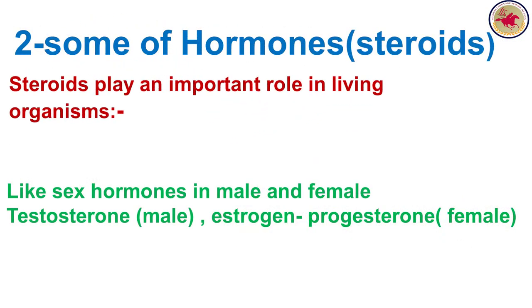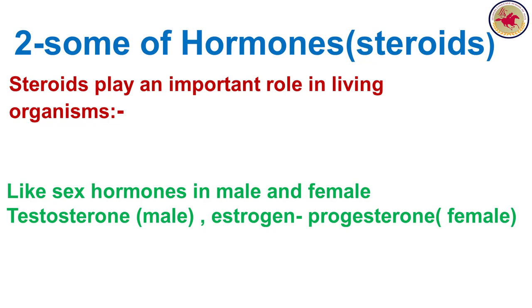Number 2, from examples of derivative lipids, some hormones like steroids. For your information, all hormones are proteins except only one type, steroids, which are lipids.